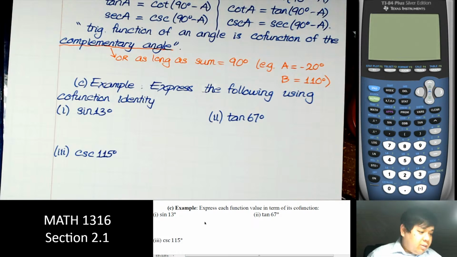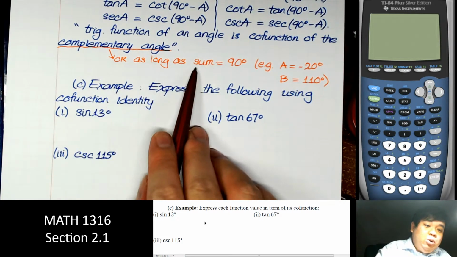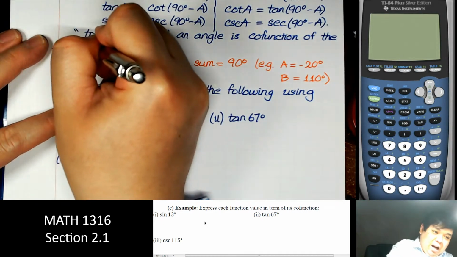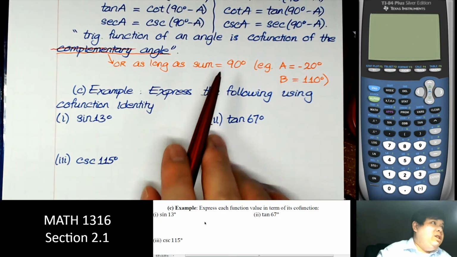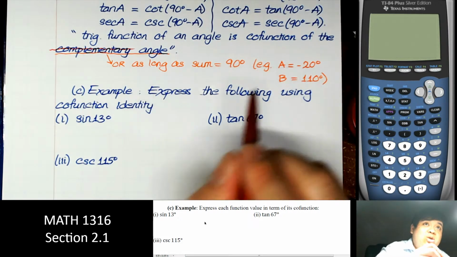I said this is not complementary angle. We extend that to the sum of 90 degrees. So instead of complementary, let's just say the angles whose sum equals 90 degrees. Because we did define earlier that complementary only works for 0 to 90 degrees, so the negative here actually doesn't work.